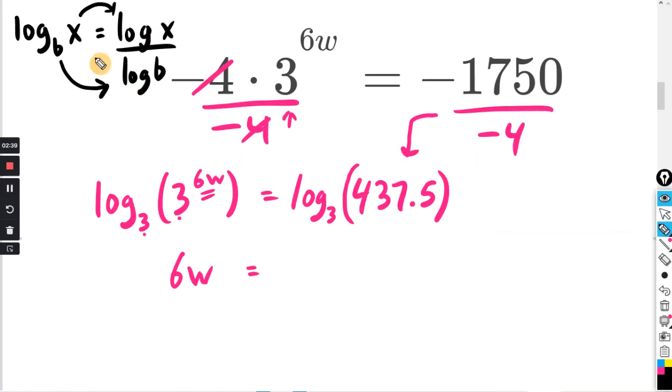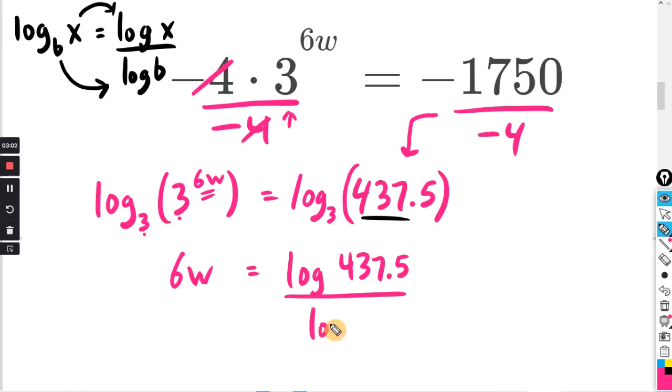So here I'm going to do the log of the argument in the numerator. That's going to be the log of 437.5. And then I'm going to do the log of the base in the denominator. The base is 3, so that's the log of 3.